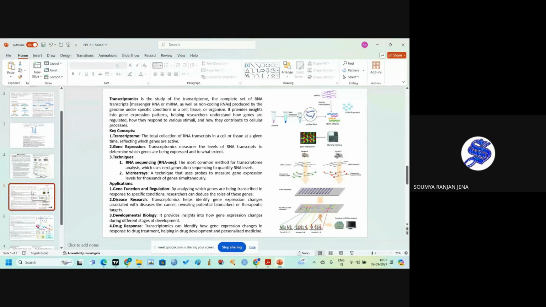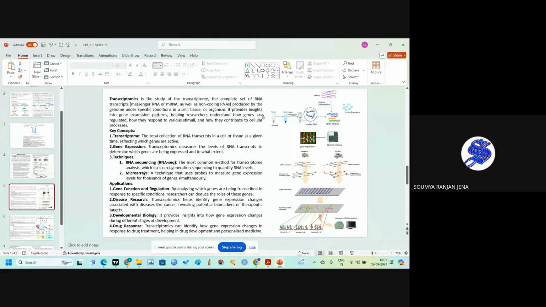Non-coding RNA means microRNA, small nuclear RNA, hnRNA, heterogeneous nuclear RNA. What is the meaning of non-coding RNA? These RNAs do not give rise to any proteins, while messenger RNA gives rise to a protein. These transcripts are produced by the genome under a specific condition in a cell, tissue, or organism.